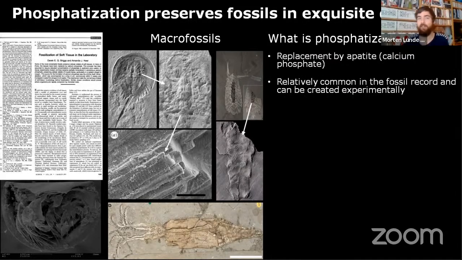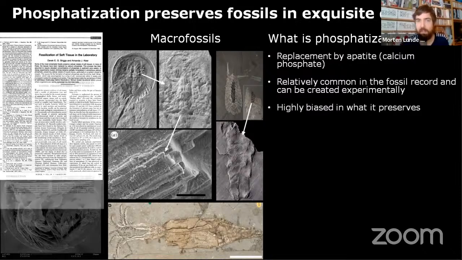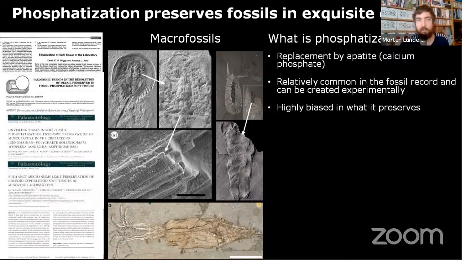And this type of phosphatization is relatively common in the fossil record and can even be created in laboratory experiments within a matter of a few weeks to months. And so far, available data has shown that it's very biased in what it preserves where.